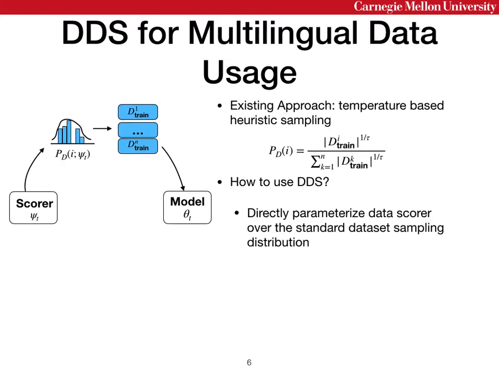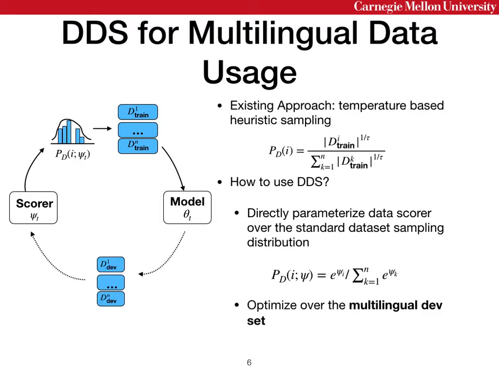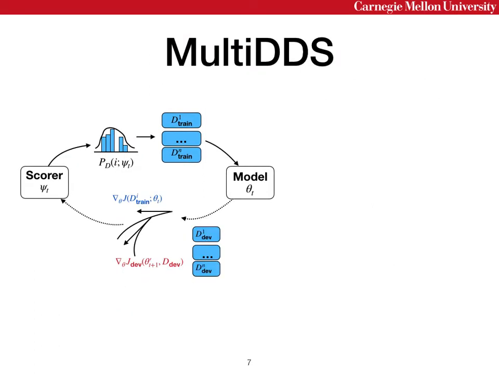Inspired by this, we can directly parameterize the data scorer in DDS so that it outputs the distribution over the multilingual training dataset. And to optimize the data scoring function, we can use the model's performance on the multilingual dataset as the signal to update the scorer. This leads us to MultiDDS, the algorithm to learn the multilingual training data usage throughout training.